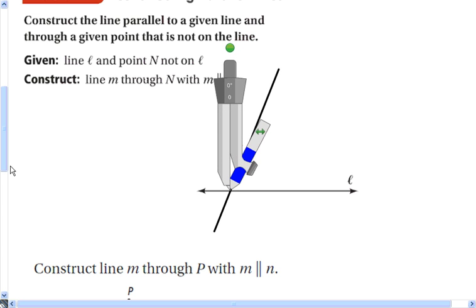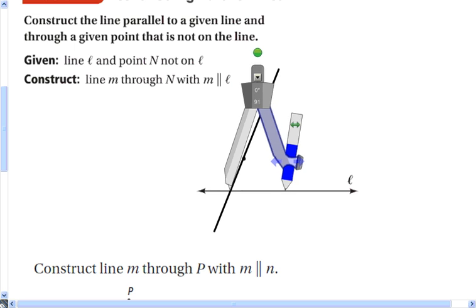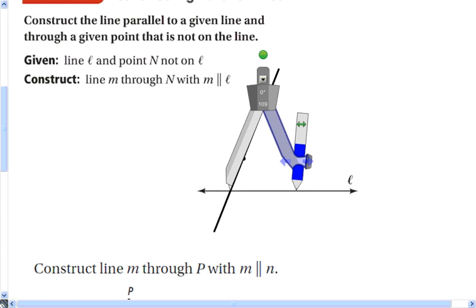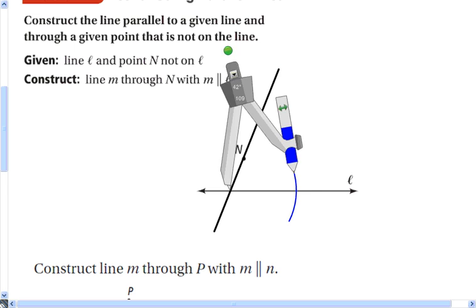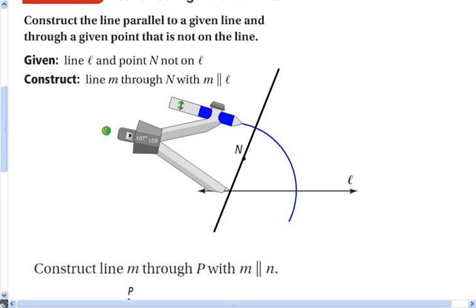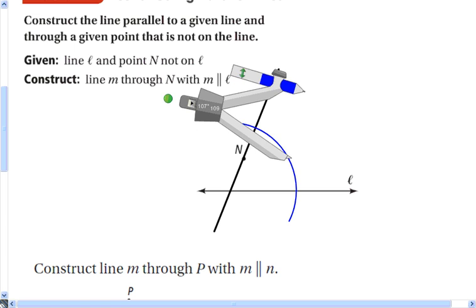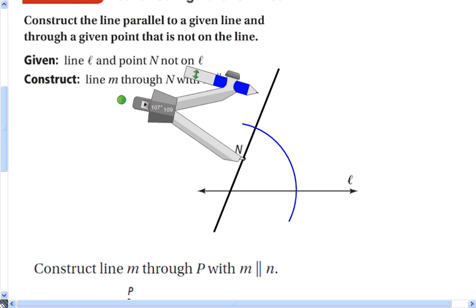The way you do that, you might remember this, is just pick some width on your compass, draw an arc. So now I have an angle represented there. Then I'm going to go to point N and draw the same arc.